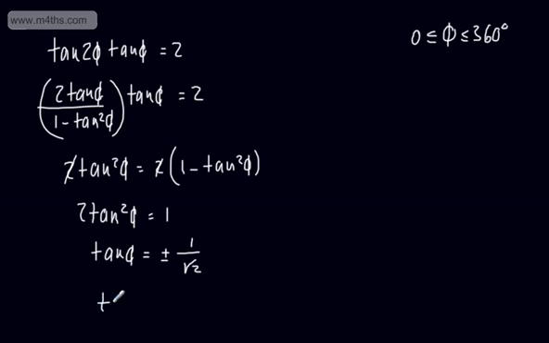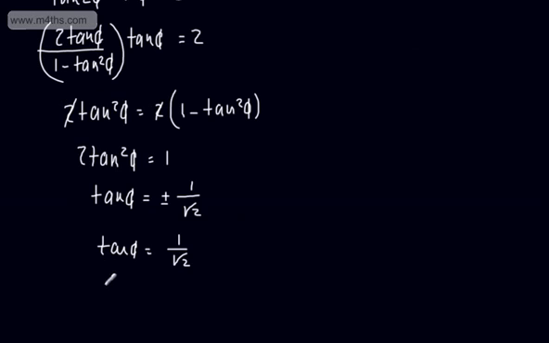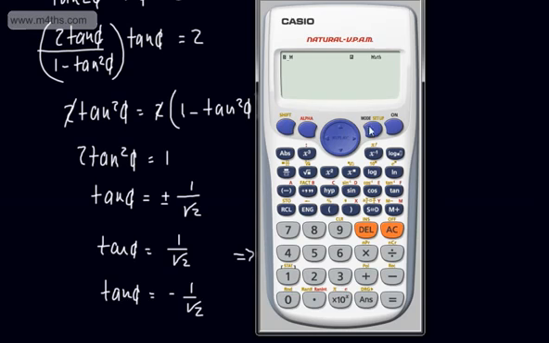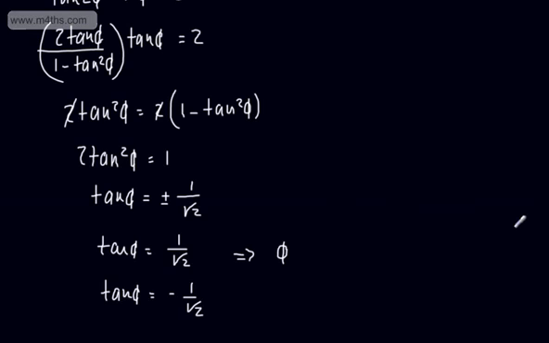So we would now solve for tan theta equal to 1 over root 2 in the interval where theta is between 0 and 360. And then tan theta is equal to minus 1 over root 2. In our calculator, check we're in degree mode. Let's do the inverse tan of 1 over root 2, and that gives us 35.3 degrees, to 1 decimal place.